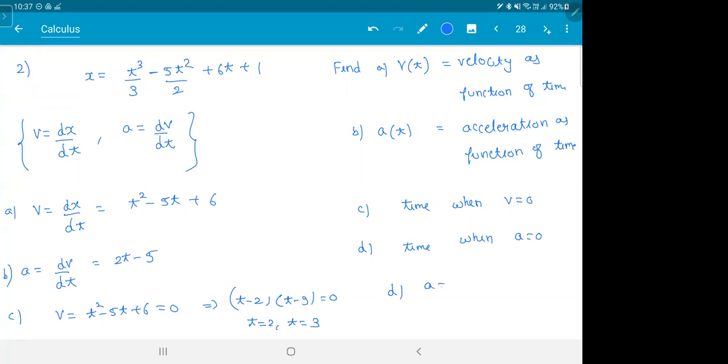The fourth part is asking when is acceleration 0. So t is 5 by 2. Check it out. You just have to keep v equal to 0. Quadratic equation, you get two roots, 2 and 3. Same thing. When is acceleration 0, put a equal to 0. Time is 5 by 2.